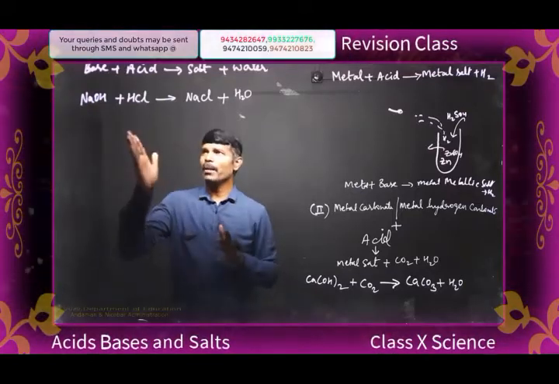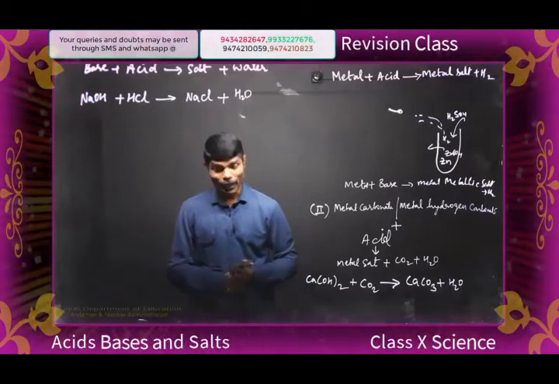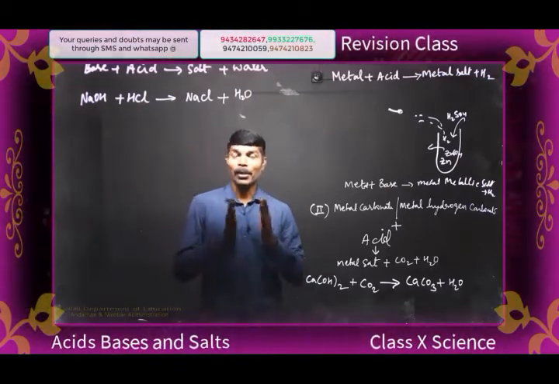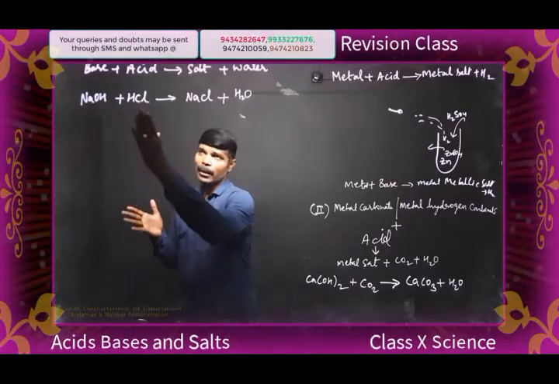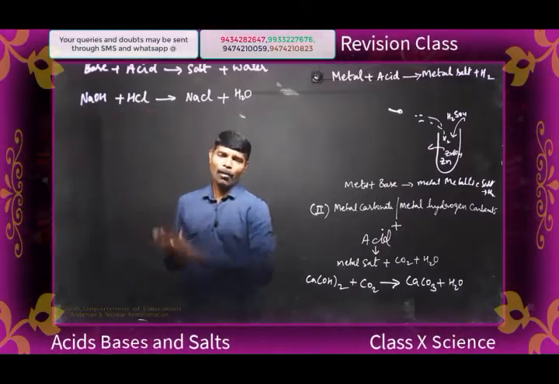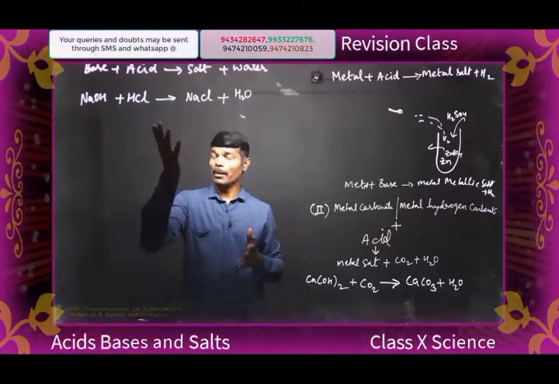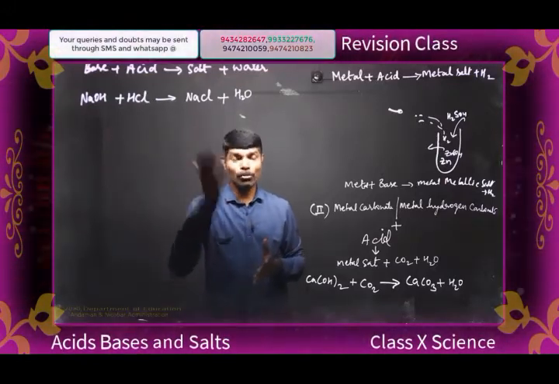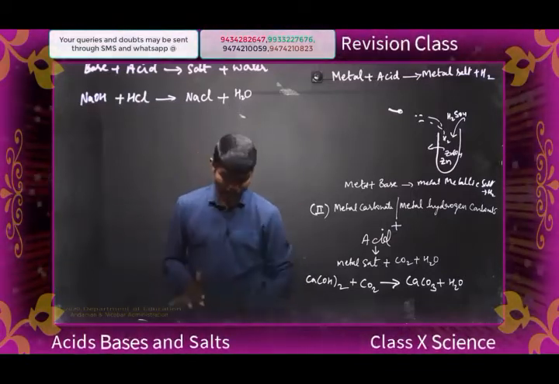The main thing is when base reacts with acid, we always get salt and water. This reaction is called neutralization reaction. Why? Because here it is a base and this is the acid, and the product we have obtained is neutral. As a result of the chemical reaction we are getting a neutral product, so the reaction is called neutralization reaction, right?